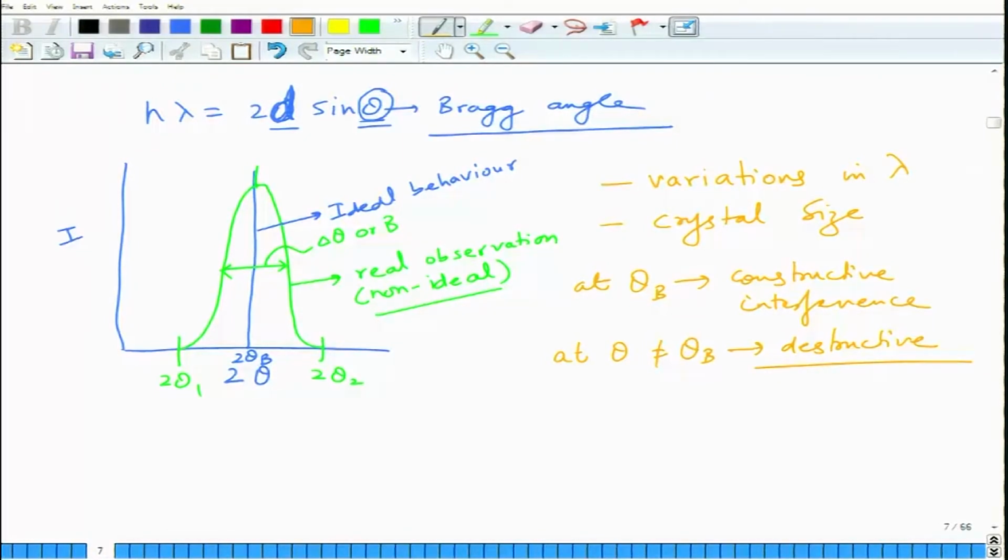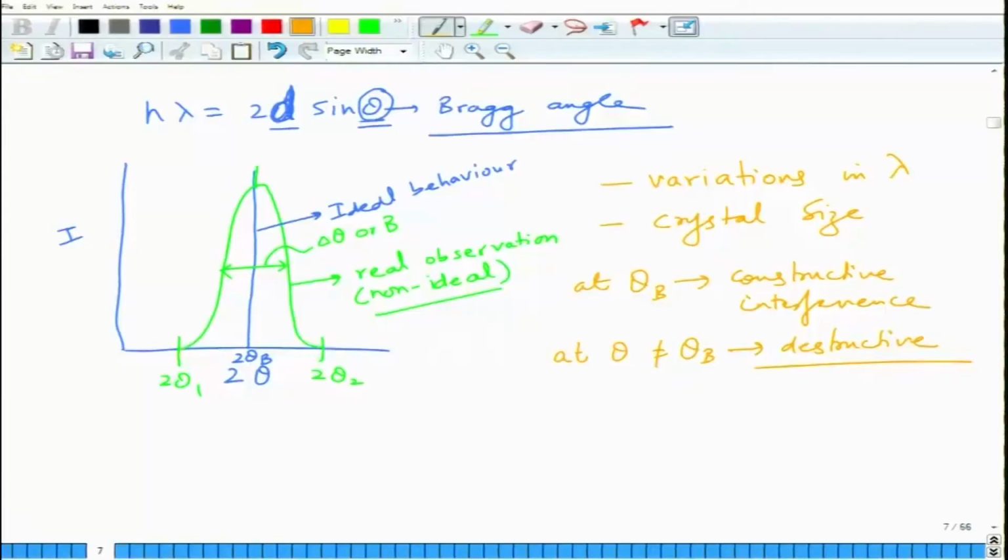However, if the destructive interference is not complete because of size effects, because the crystal is not thick enough to give you complete destructive interference, then you will not have complete suppression of intensity, rather you will have mild suppression of intensity. As a result, you will get some finite intensity at theta values which are slightly off from theta b.